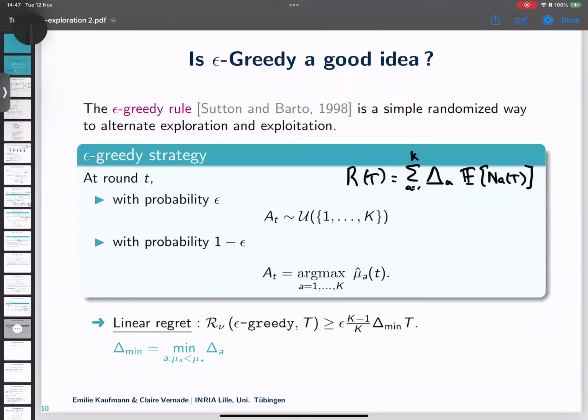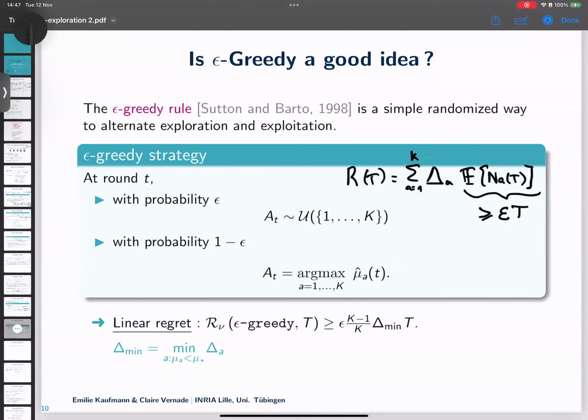So now we can look at this quantity. And for all the bad arms at the end of horizon T, we know that this quantity is at least epsilon times T in expectation.